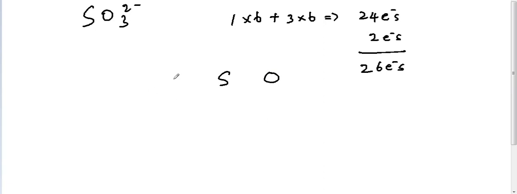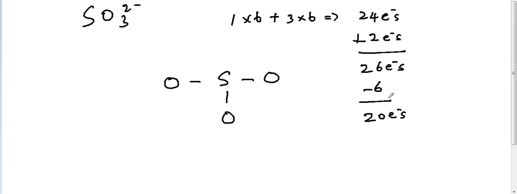We arrange the oxygens around it. In the next step, we make a bond between them connecting to the central atom. We have made 3 bonds, so we subtract 6 electrons, and 20 electrons remain to be added.